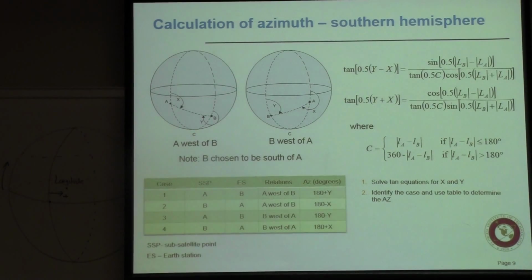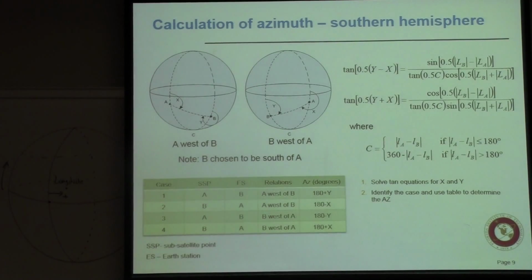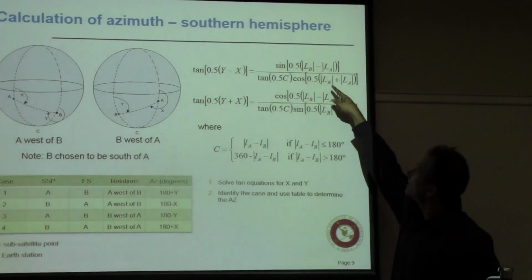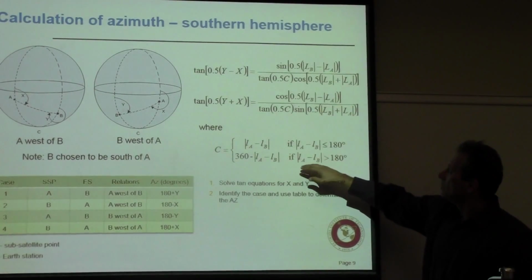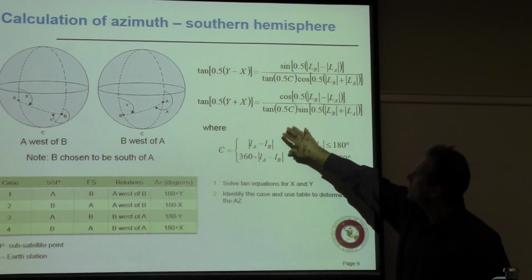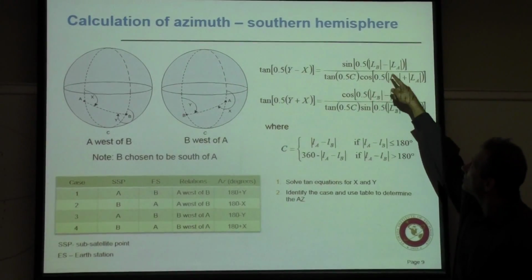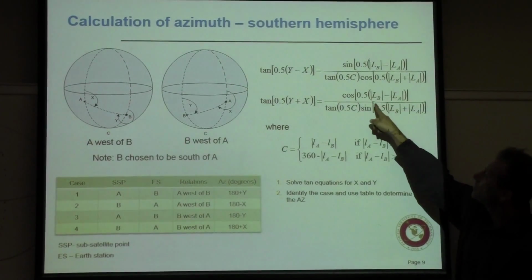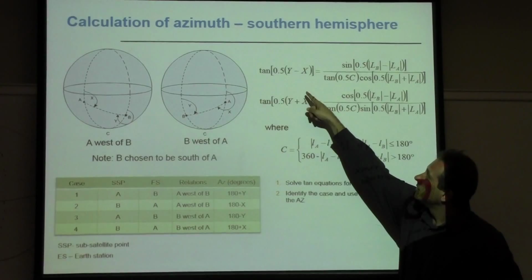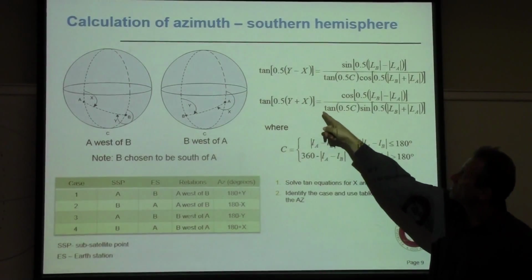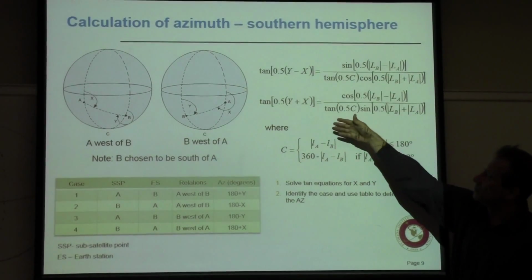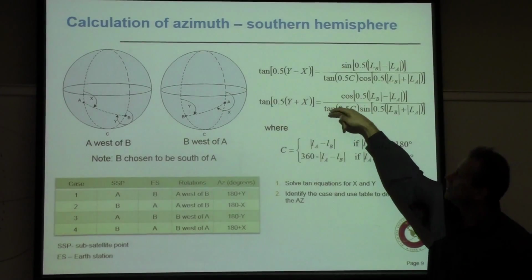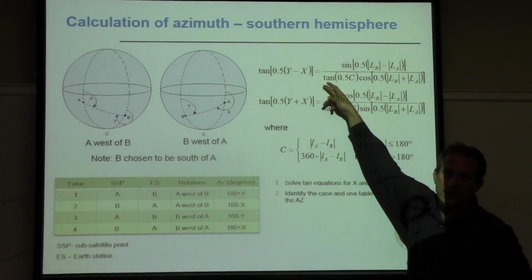Pretty much the same kind of calculations, just a little bit of difference here in the sines and cosines and these absolute values. But you calculate C first, you plug C into these equations, you calculate this and this, you take inverse tangent, you get y minus x and y plus x, you sum, you get y, you take the difference, this minus this, you get x, right?